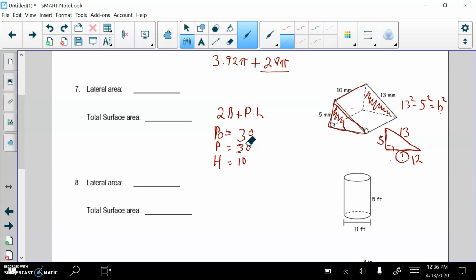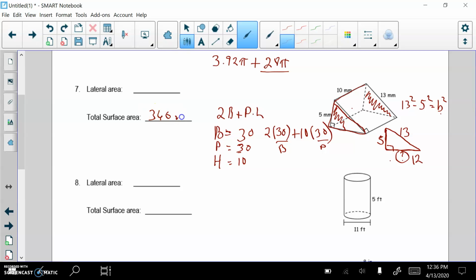Okay, so it's time to do the formula. 2 big B plus P times H. 2 times 30 plus 10 times 30. This 30 being P, this 30 being big B. Pretty simple to do. That's 360 for total.